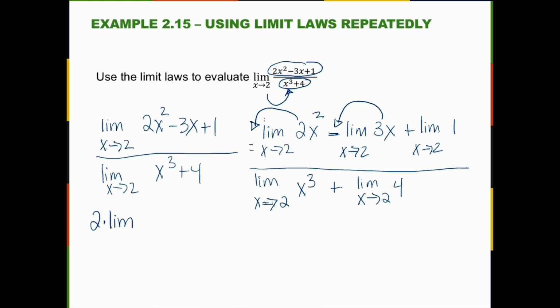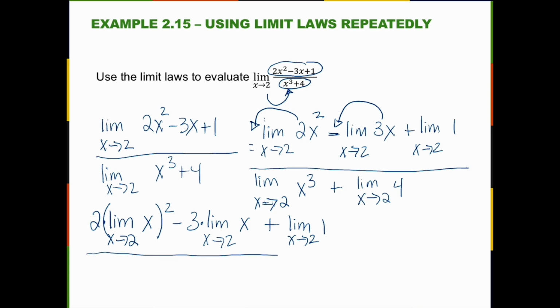So I'm going to have 2 times the limit as x approaches 2 of x, and then I'm going to square the limit. Now, minus, I can bring the 3 out in front and say 3 times the limit as x approaches 2 of x, plus the limit as x approaches 2 of 1.